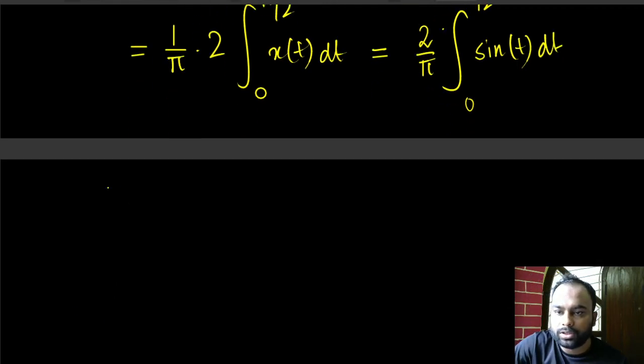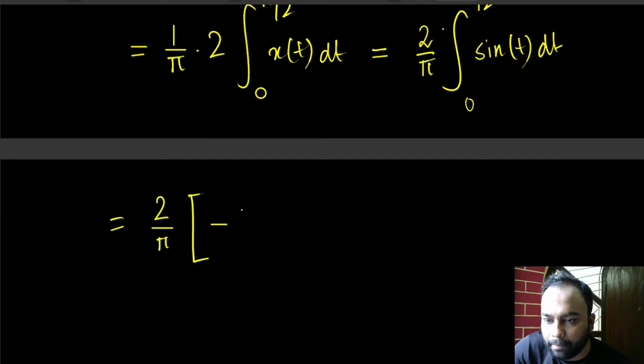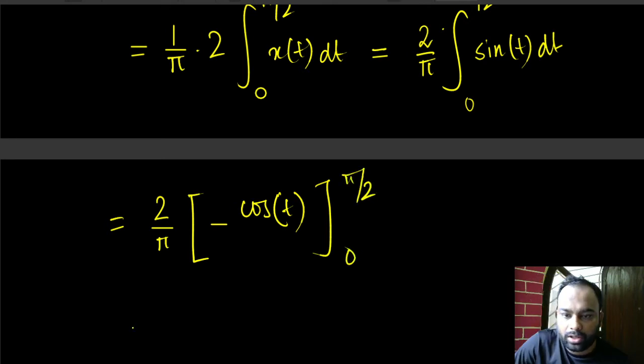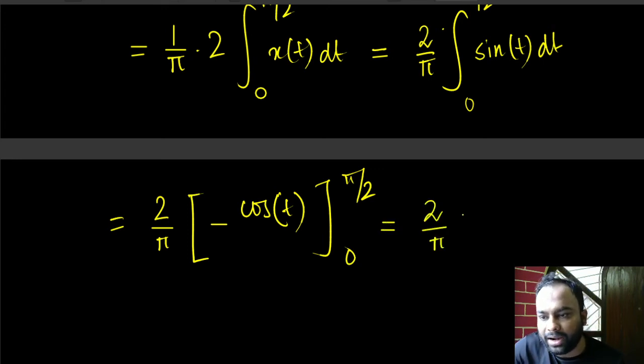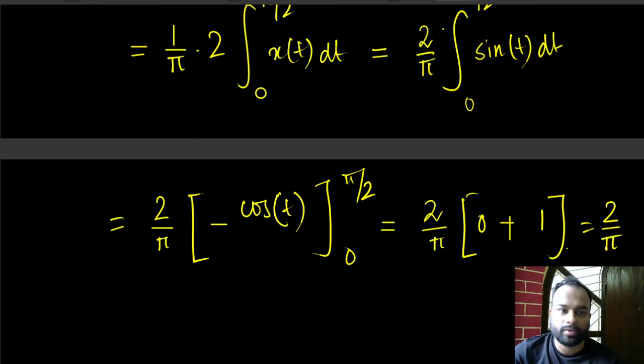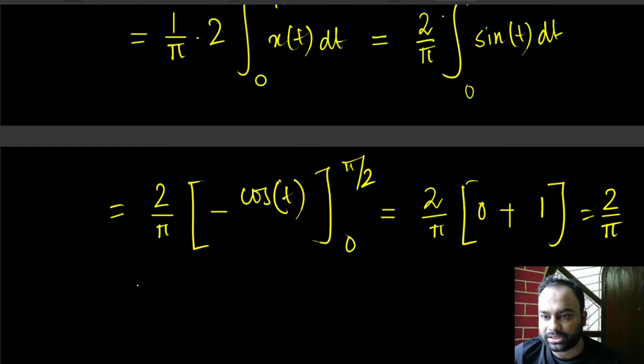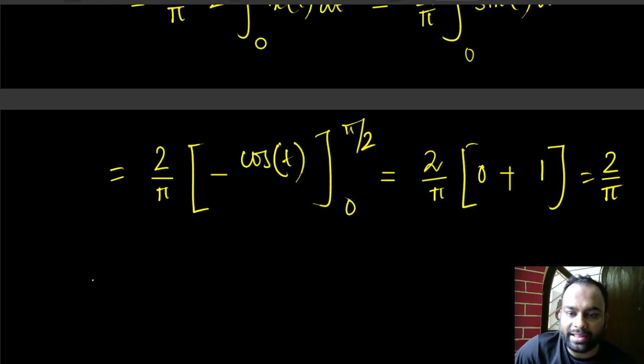If I do the integration here, it becomes 2 by pi minus cos t, and the limits are from 0 to pi by 2. Now if I put the upper limit and lower limit, the upper limit gives 0, then minus minus plus, so we have a plus sign and 1, so I have 2 by pi. It's not difficult to understand. So a0 equals 2 by pi.